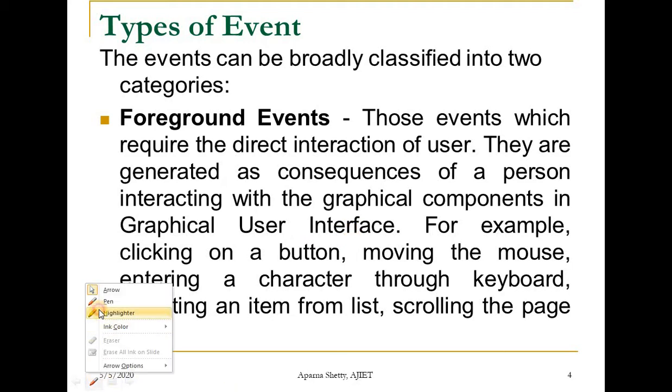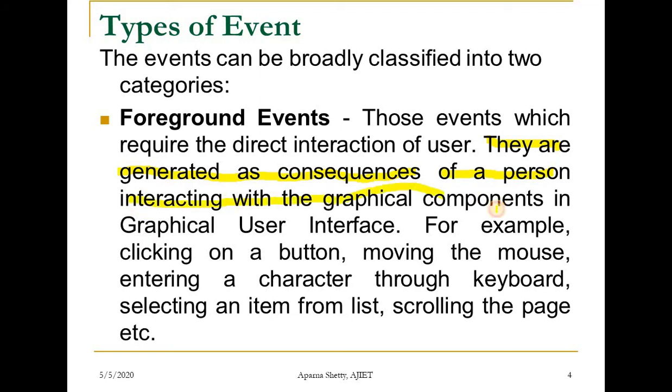So this is important. The events which require the direct interaction of the user are generated as a result of a person directly interacting with the graphical components in the graphical user interface.